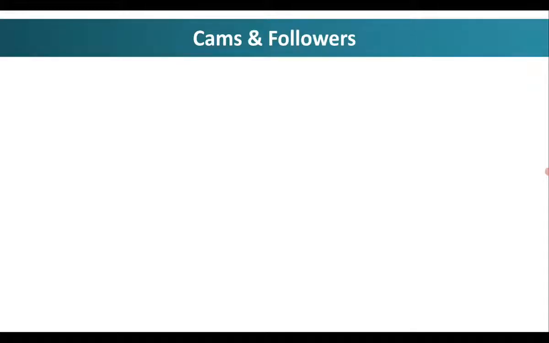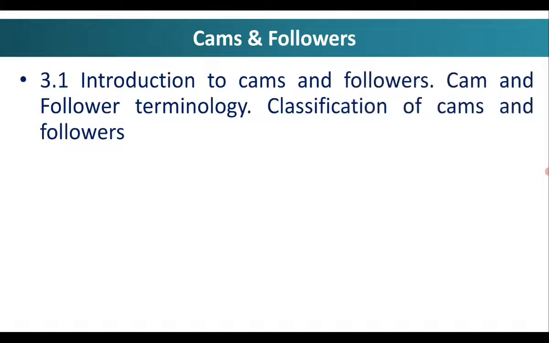Let us see CAMS and followers. In this unit particularly, we will start with point number 3.1, and it is related to introduction to CAMS and followers. It also explains what is CAM and follower terminology. After that, in 3.1, we will study classification of CAMS and followers.